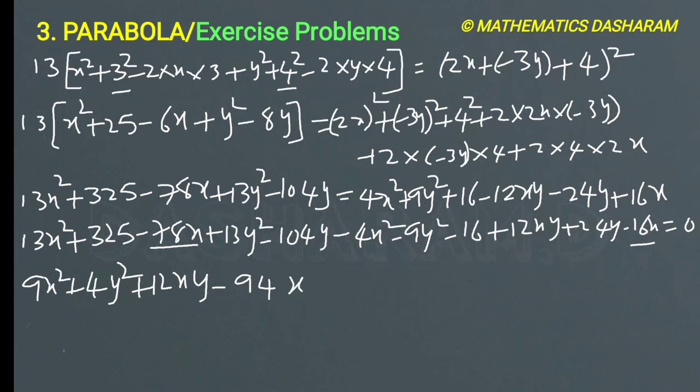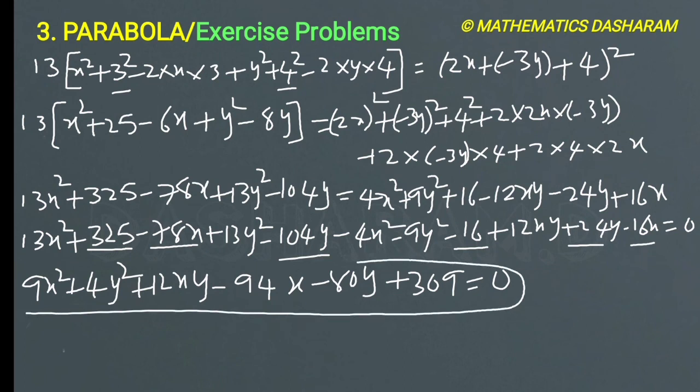Next minus 104y plus 24y. So it is minus 80y. Next constant number 325 minus 16. So it is plus 309 equals to 0. So it is our required equation of a parabola.